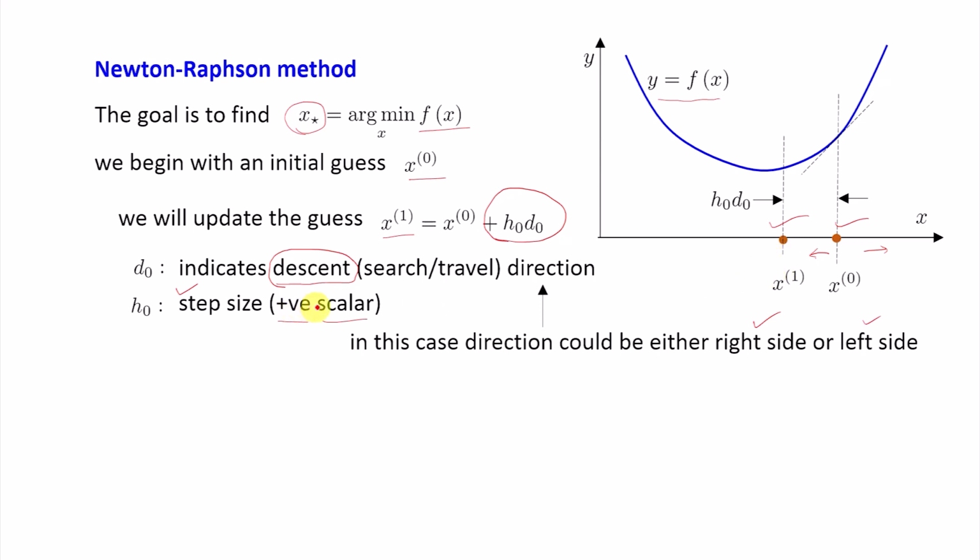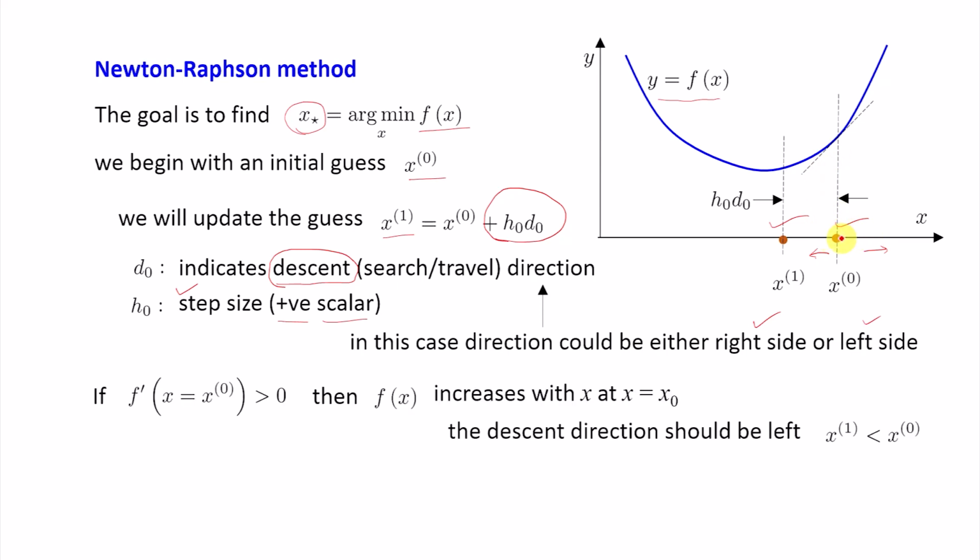So let us see now, how do I decide this direction, left side or right side? To do so, we take help from the derivative of that function at this point x0. If I take the derivative, it means I take the tangent and look at this angle. That's what the derivative means geometrically.